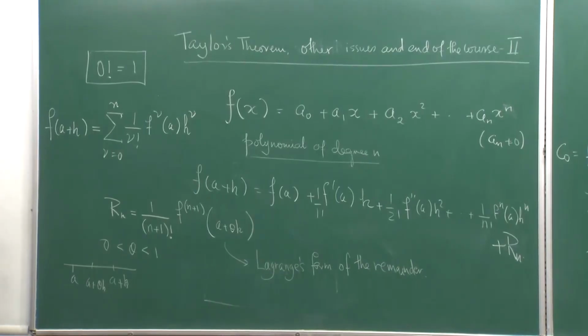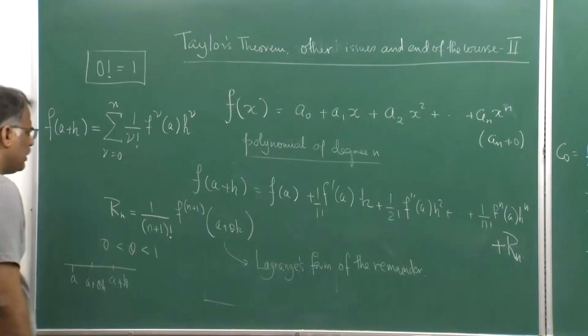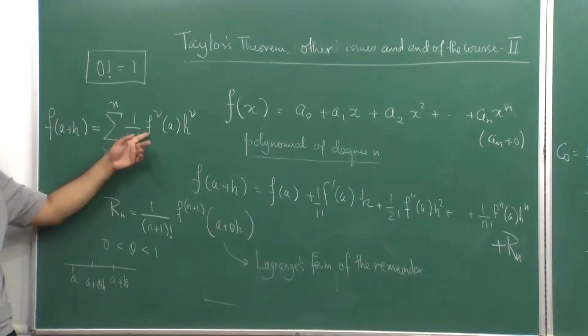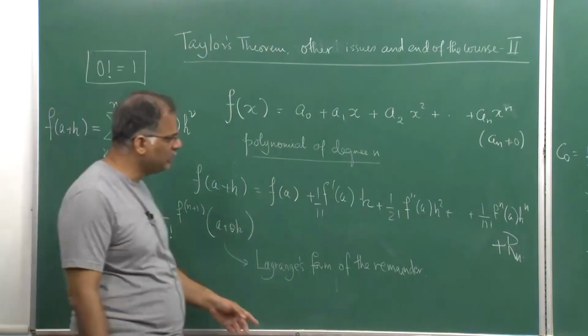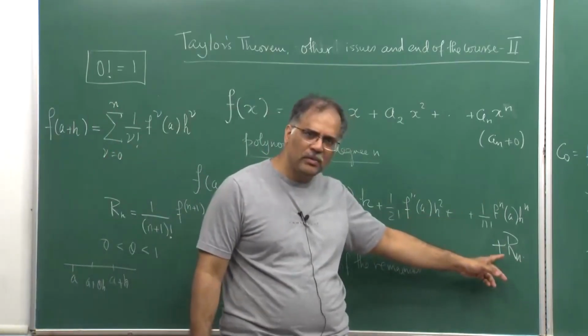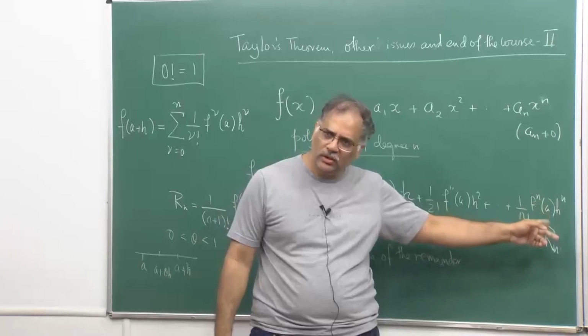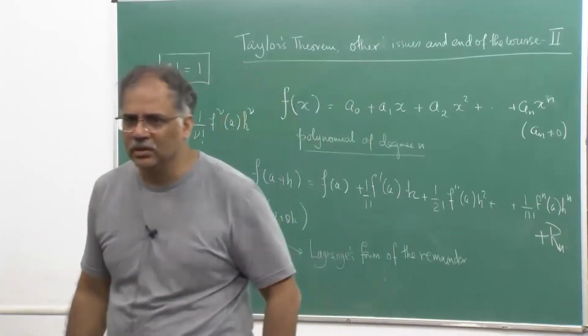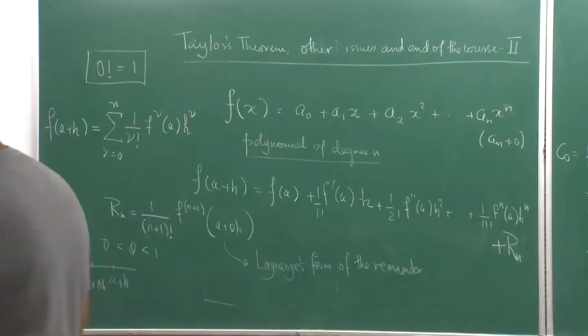He says that, okay, suppose this was an n plus 1 degree polynomial, what would have happened? By what Taylor was writing, it would be nothing but 1 by n plus 1 factorial, f n plus 1 of a, into h n plus 1. Look at the key idea here.